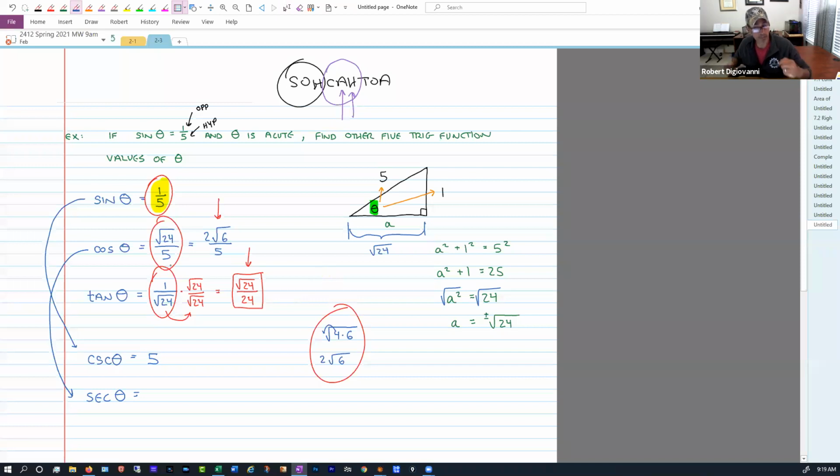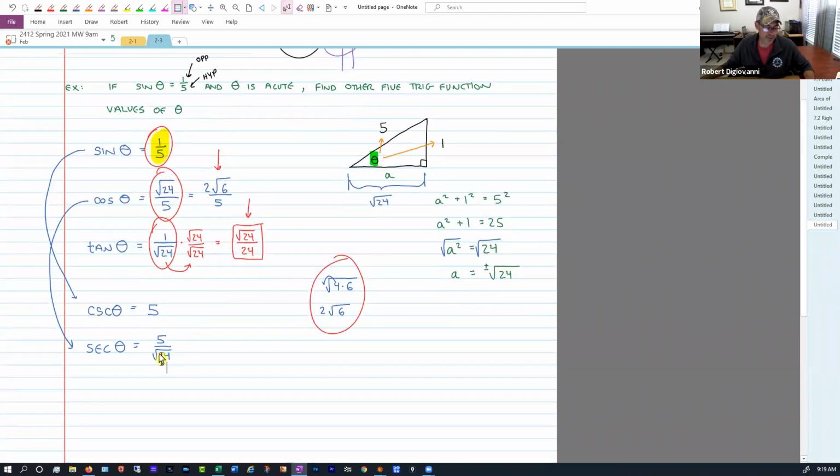So I'm going to take that answer and flip it over. I'm not going to do the one that they want, I'm going to flip mine over. So 5 over root 24. And then what you would have to do here is, again, rationalize the denominator. So you multiply by root 24 over root 24. On the top, you get 5 root 24 over 24.